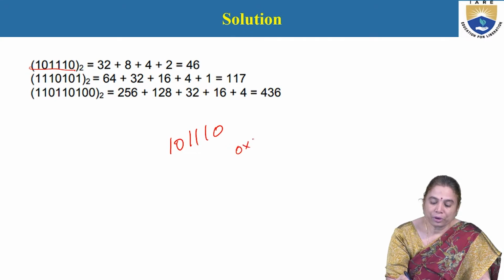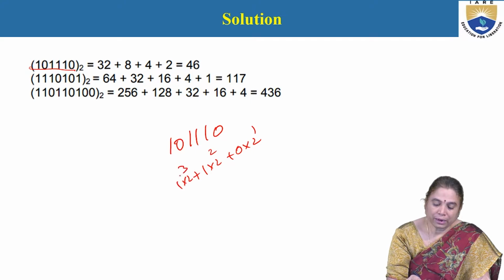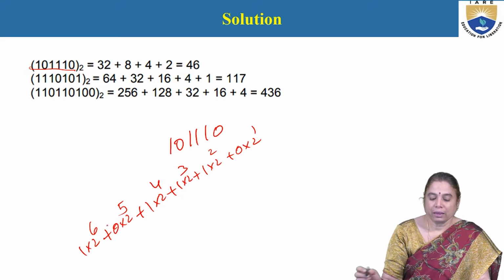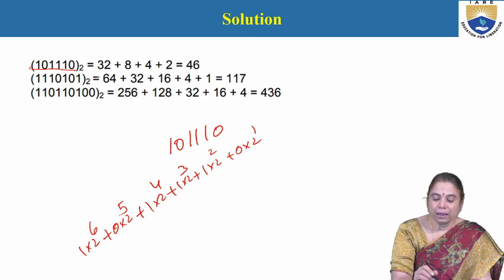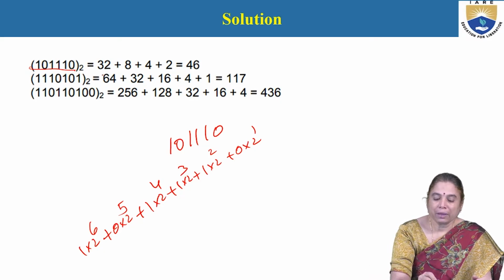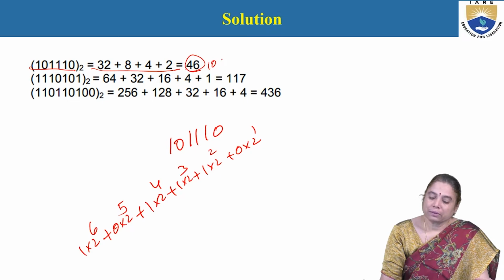Consider the first number, 10110. Each digit is multiplied by its positional value: 0 into 2 power 1 plus 1 into 2 power 2 plus 1 into 2 power 3 plus 1 into 2 power 4 plus 0 into 2 power 5 plus 1 into 2 power 6. The product values are added so that the number is converted into the decimal number system.